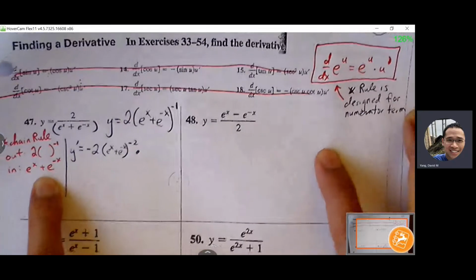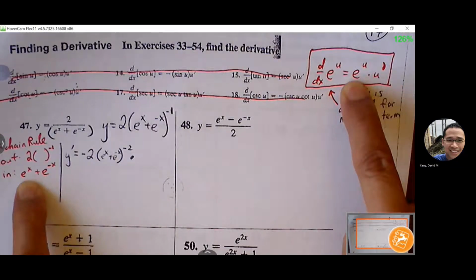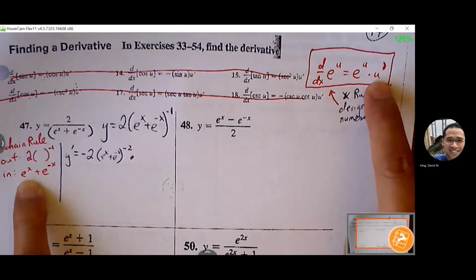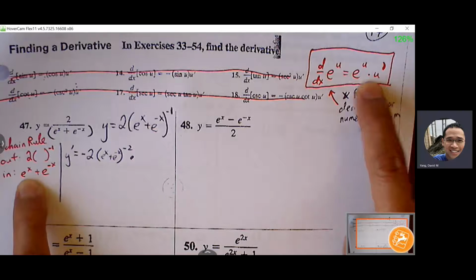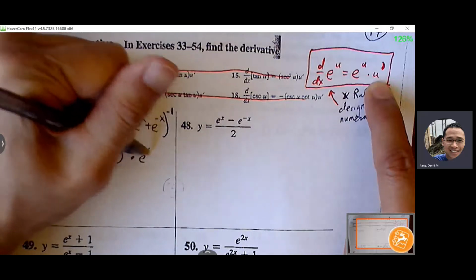Okay, so now we can apply each of these terms separately. What's e to the x become? Times... Okay, so I guess what I want you to say is that e to the x times 1. I know that the 1 is not going to change anything.